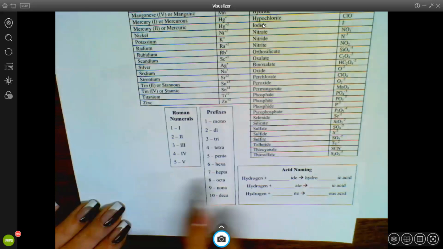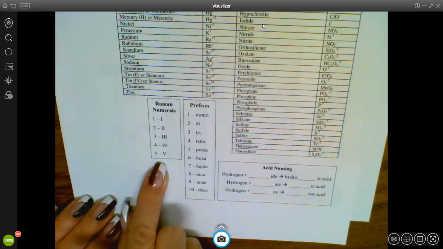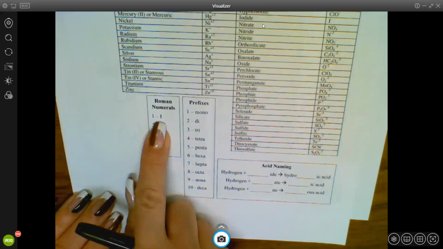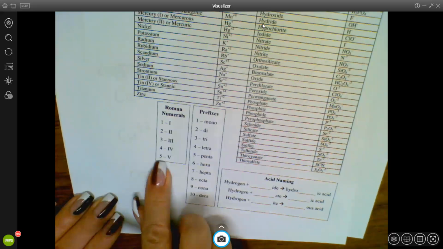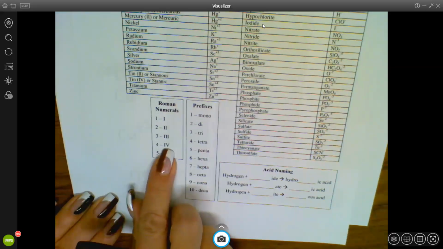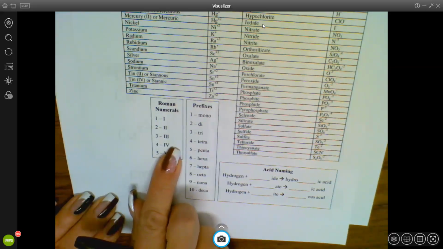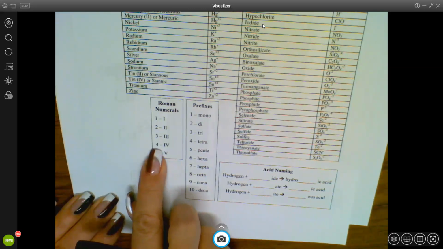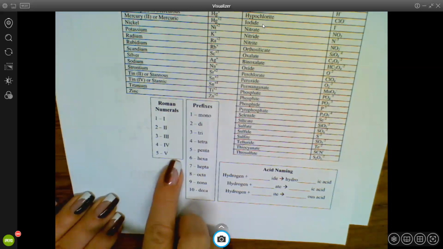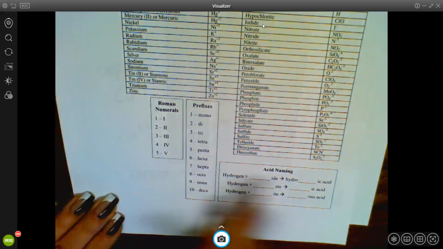You may or may not be familiar with Roman numerals, and if you're not, Roman numerals are I's for ones, V is 5, and so 4 is actually IV. So think of it like 5 take away 1 is 4. If I had 6, it would be VI. It'd be like 5 plus 1.